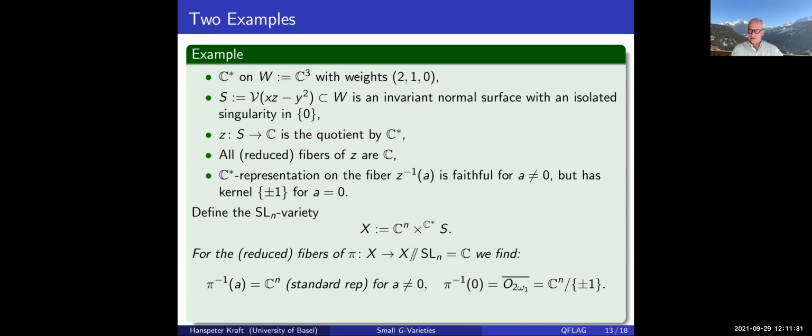But now you see a huge difference for the 0 fiber. The 0 fiber now became the closure of the minimal orbit of weight 2 omega 1, which is Cn modulo plus minus 1. So you see, in the original surface, you couldn't see the difference between the fibers. If you make this construction, you immediately get a difference. And the reason is that the C star action is not the same on these fibers.